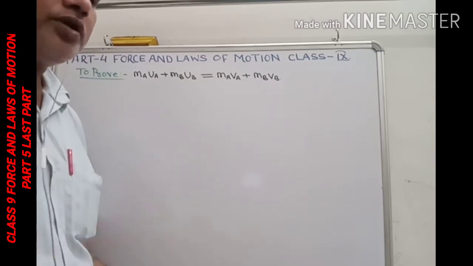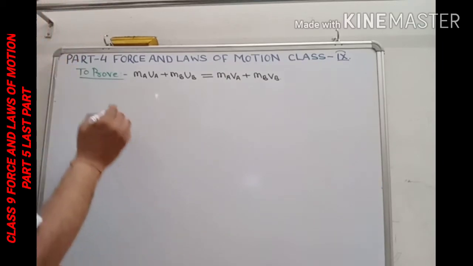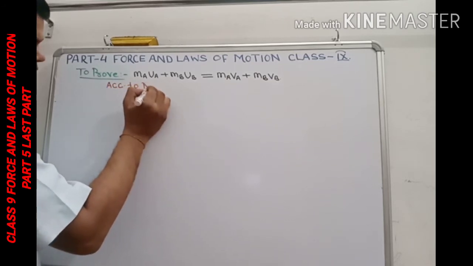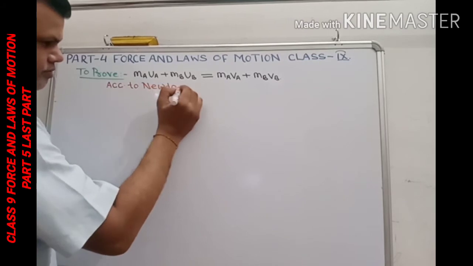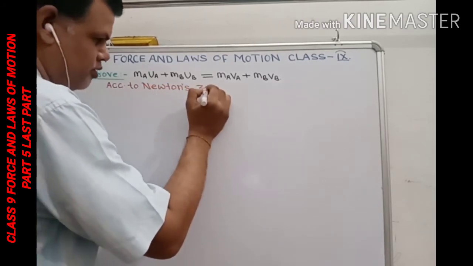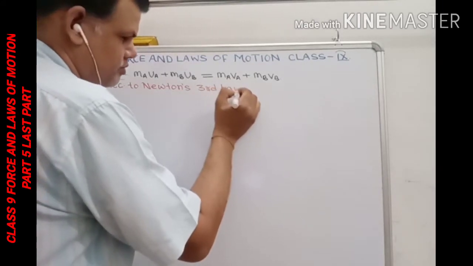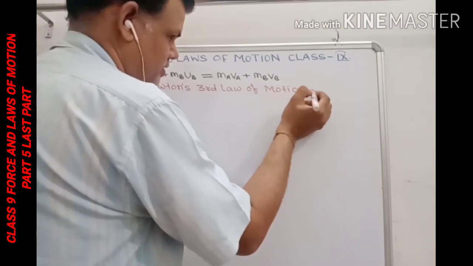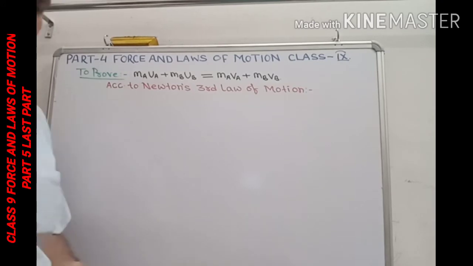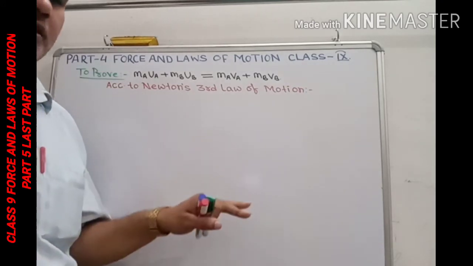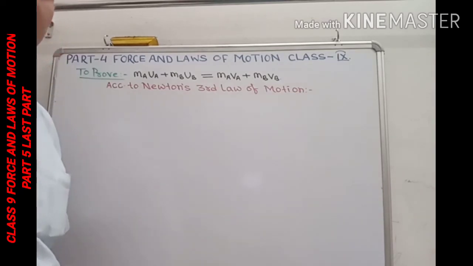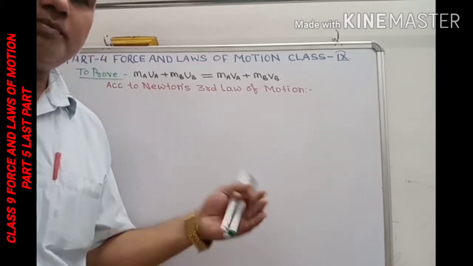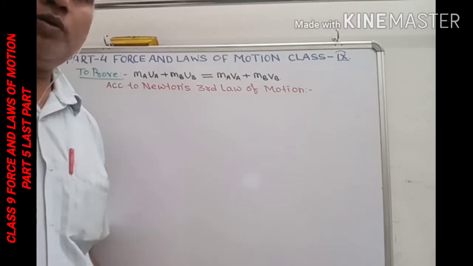Now, according to Newton's third law of motion, what we can say is that the force exerted on object B by object A is equal and opposite to the force exerted on object A by object B. So we can write it like this.